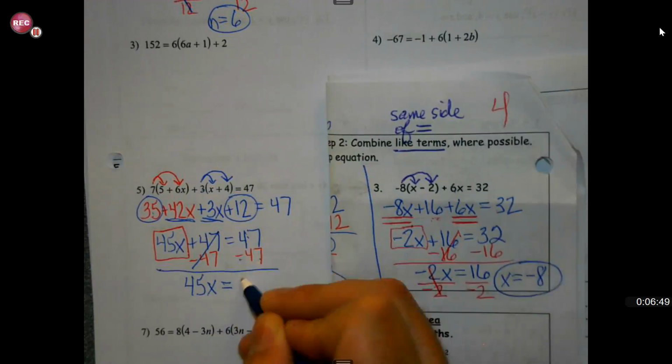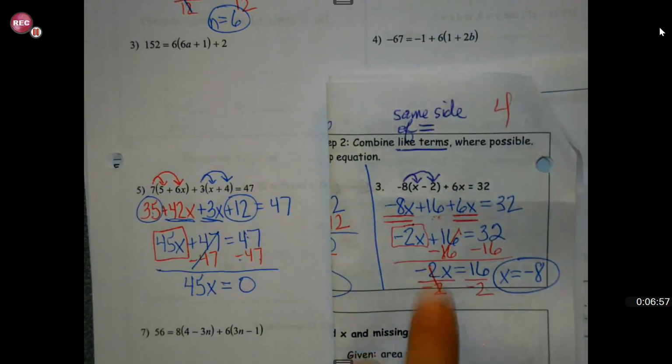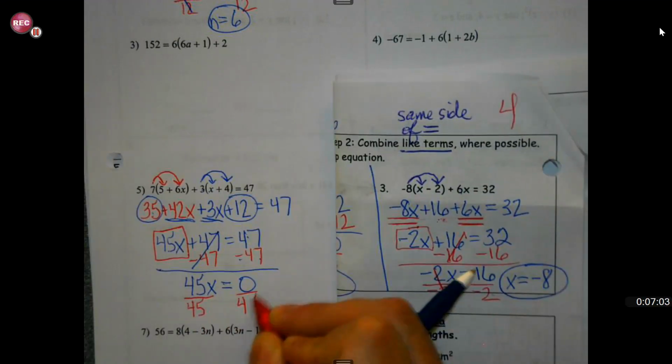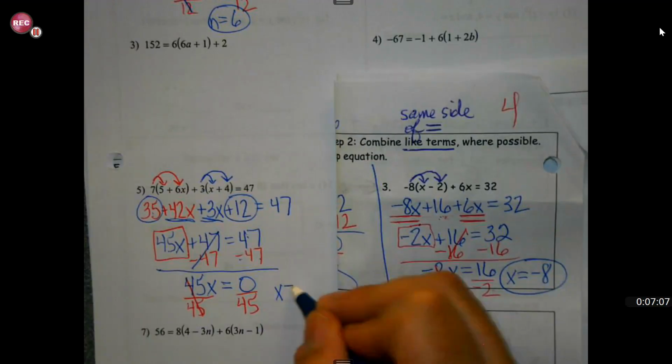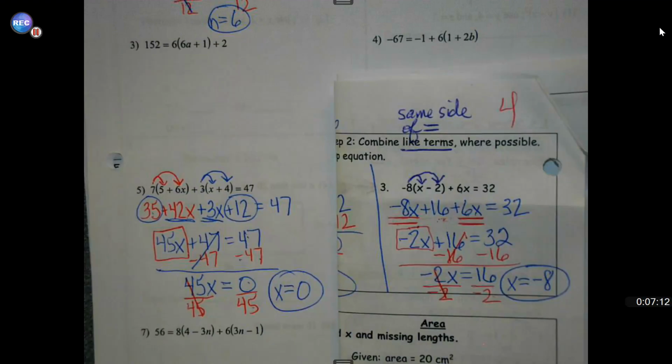47 minus 47 is 0. Now, don't think you're stuck here. You are not. We're still going to follow through and do the last step. The last step is still the opposite of multiplying by 45. And if you take nothing and you cut it into 45 pieces, you still have nothing.